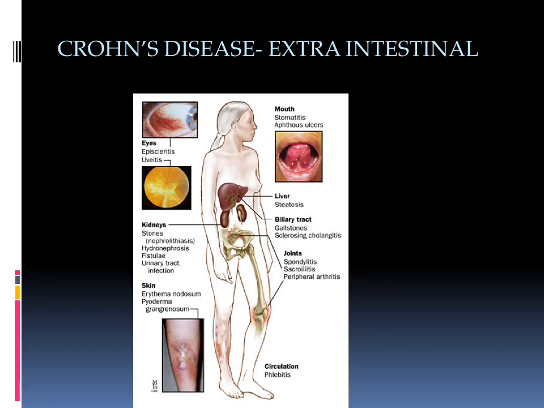We don't know the association between the diseases, but it's very strongly associated. We don't see much sclerosing cholangitis happening with Crohn's disease; it's much rarer there. Joint involvement is quite not uncommon with inflammatory bowel disease, as is skin involvement.